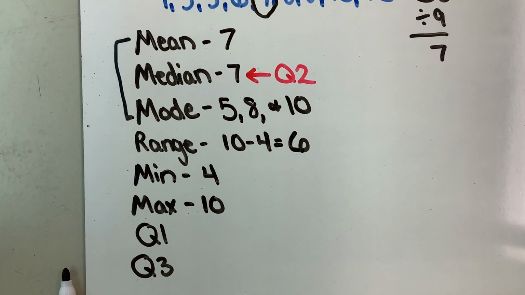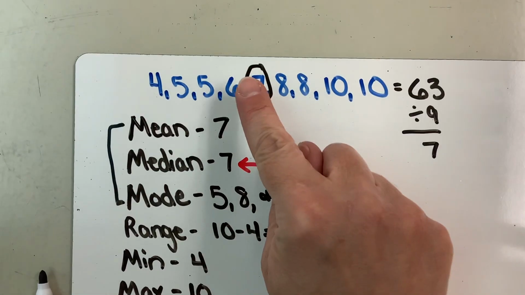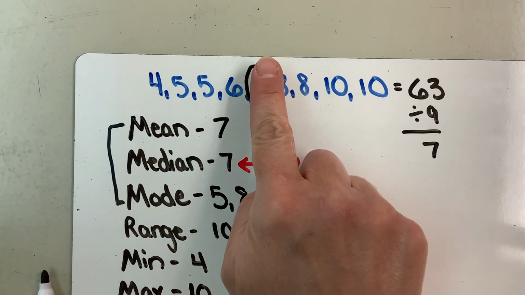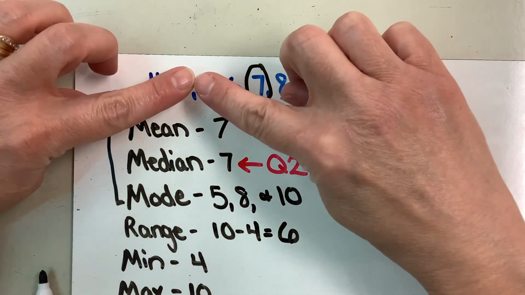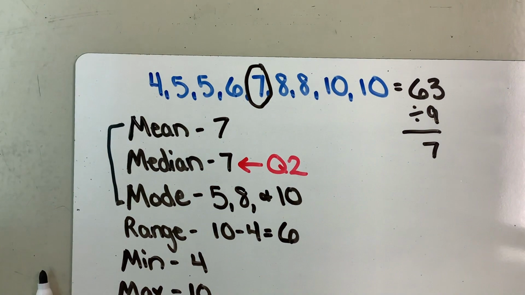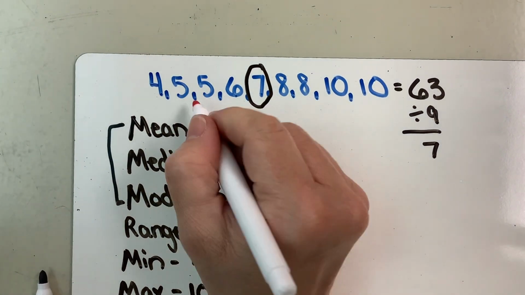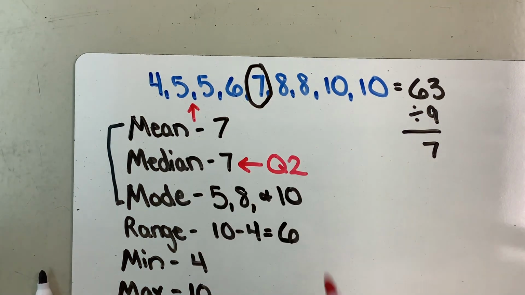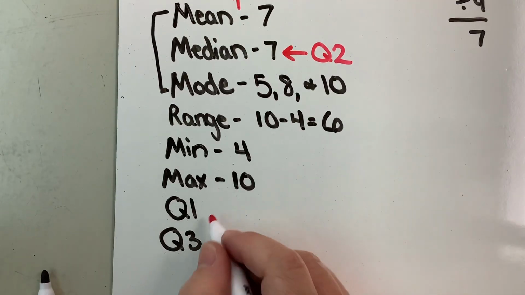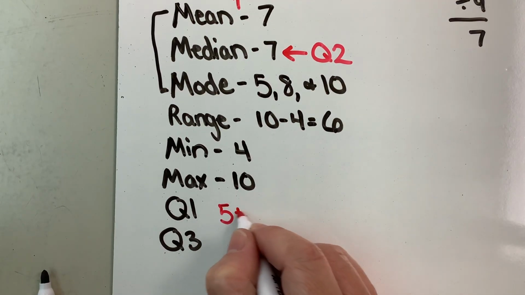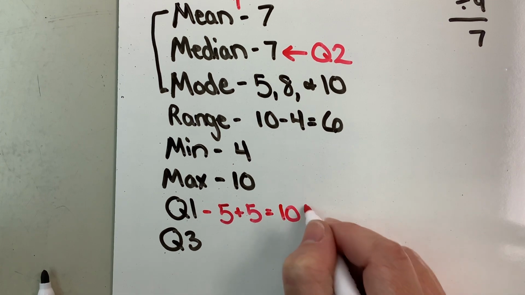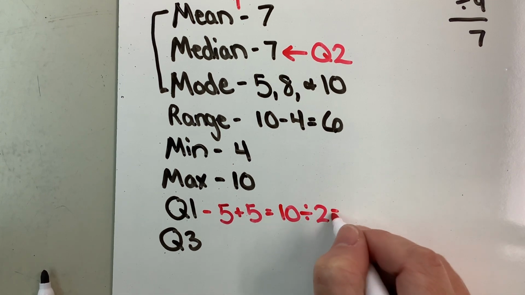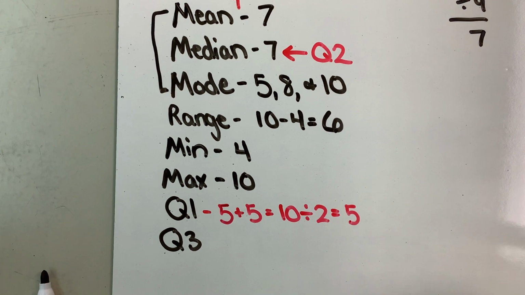All right, so to find our Q1 this time, I'm not going to use the median because it's already been used. We're going to find the middle of the lower half, and it's actually going to be between those two 5s. So we take the 5 plus the 5, which is 10, and divide by 2 because we're finding the average of them, and it's still just 5.